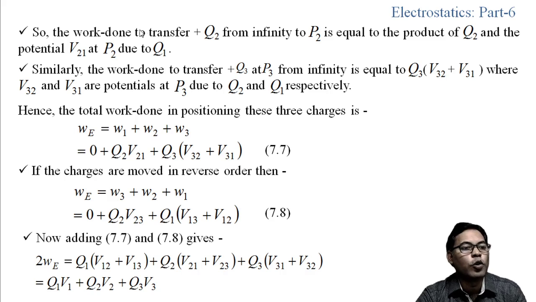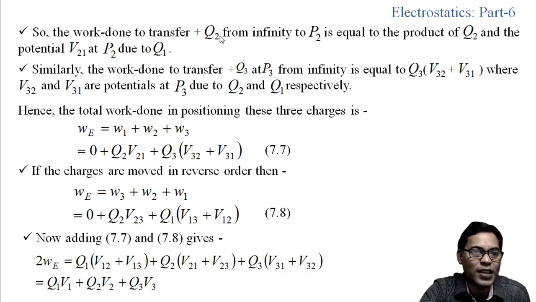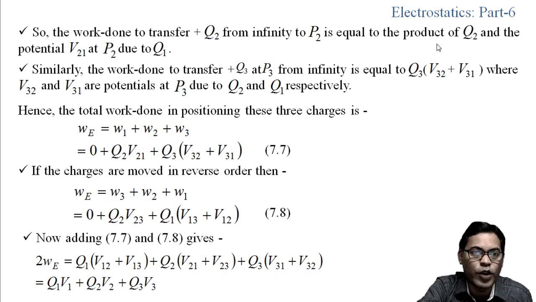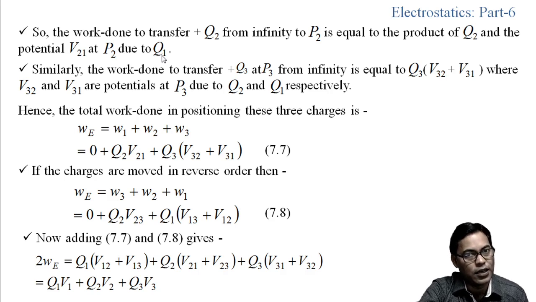So here, the work done to transfer plus Q2 from infinity to P2 is equal to the product of Q2 and the potential V21 at P2 due to Q1. That must be understood.